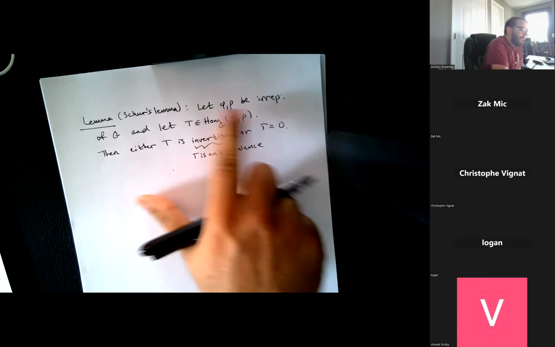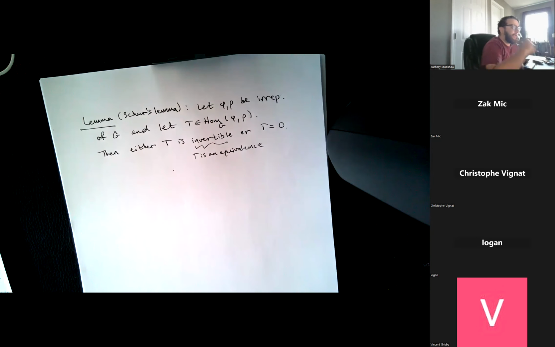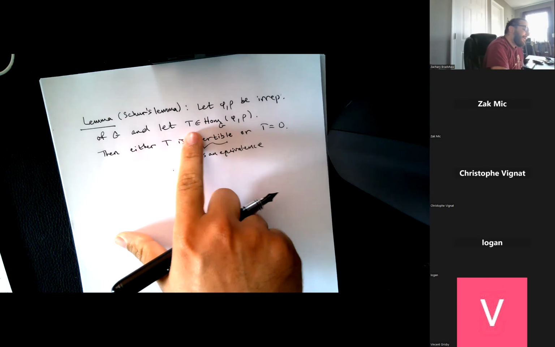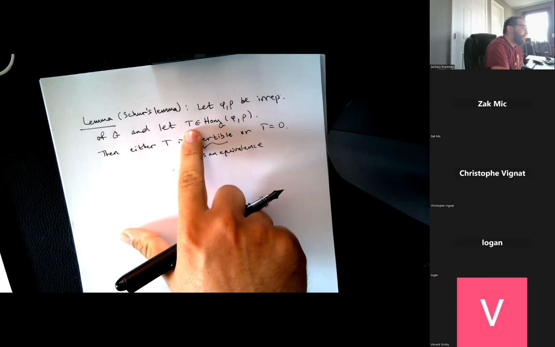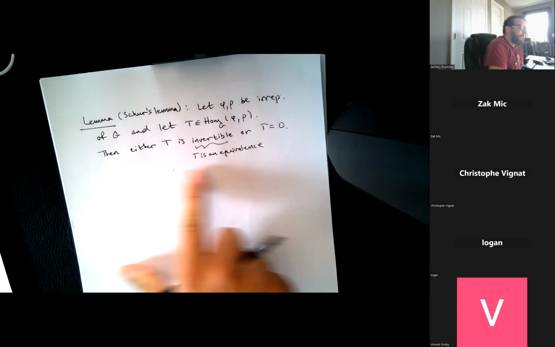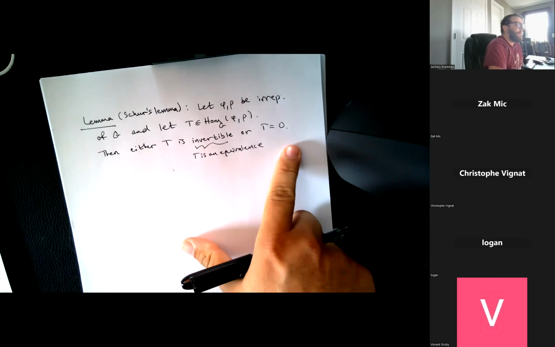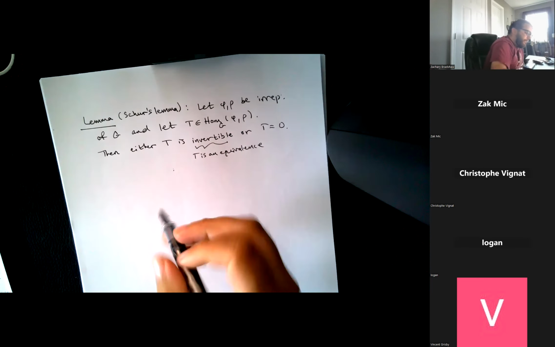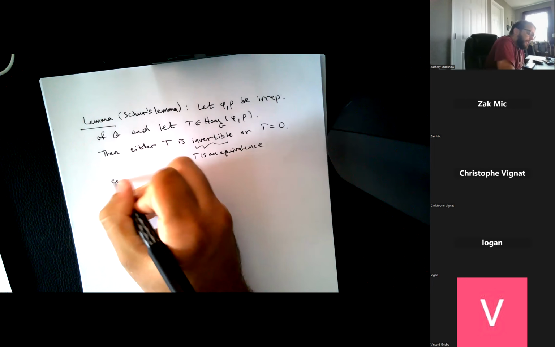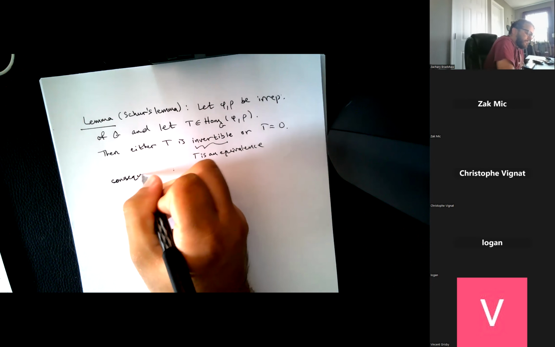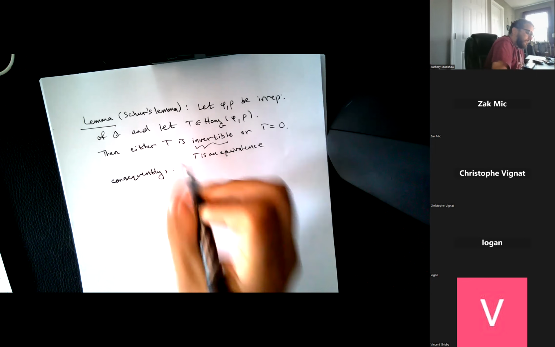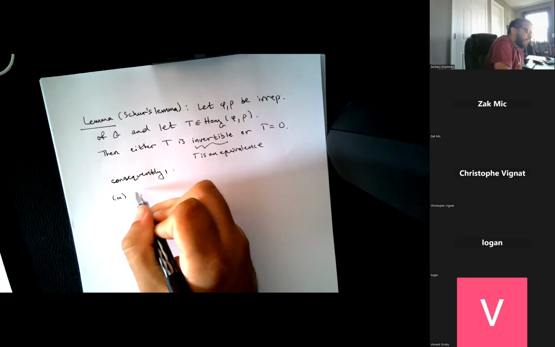So if phi and rho are irreducible representations, and I find a morphism between them, then that morphism is either an equivalence or it's 0. There are no other choices. So consequently, two things follow from this.